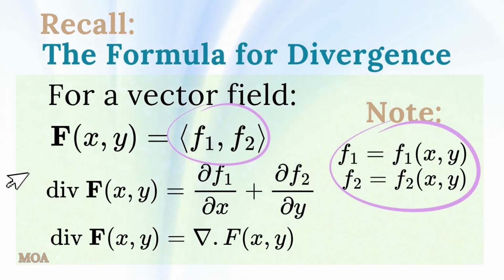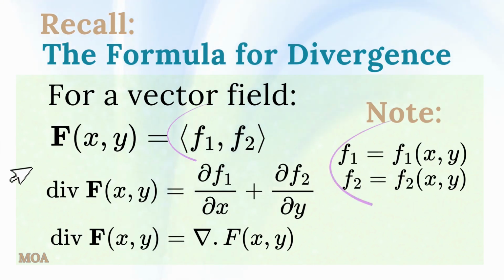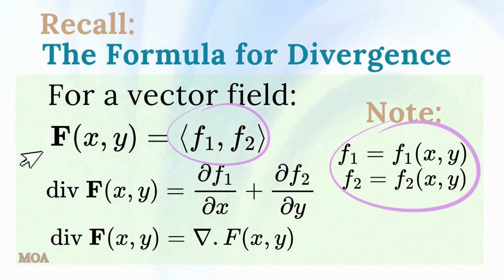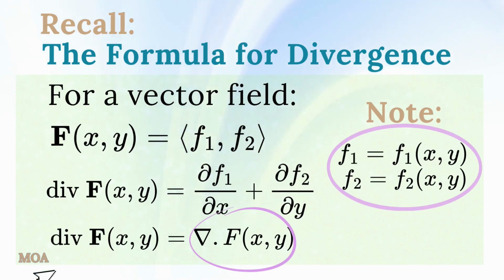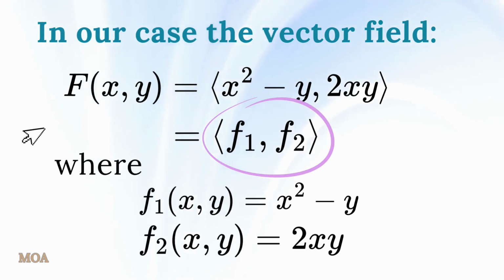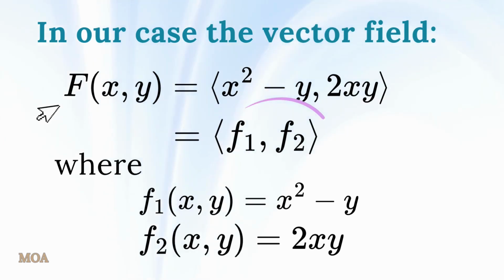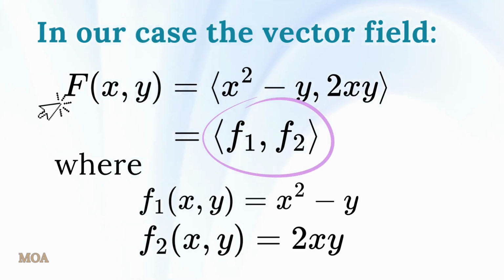For a vector field F with components f₁ and f₂, the divergence of F equals the partial derivative of f₁ with respect to x plus the partial derivative of f₂ with respect to y. Symbolically, it is represented as the dot product between the del or nabla operator and the vector field F.